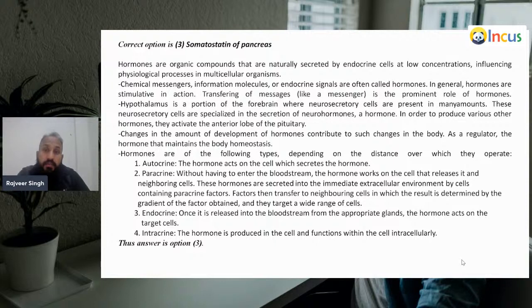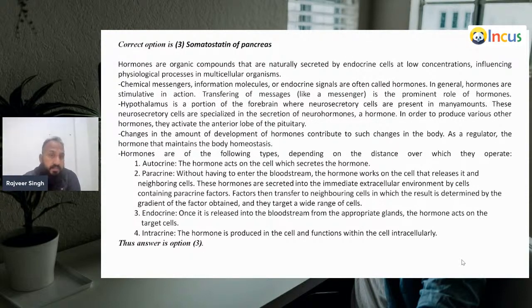In the prominent role of hormones, the hypothalamus is a portion of the forebrain where neurosecretory cells are present in large amounts. These neurosecretory cells are specialized in the secretion of neurohormones, in order to produce various other hormones.